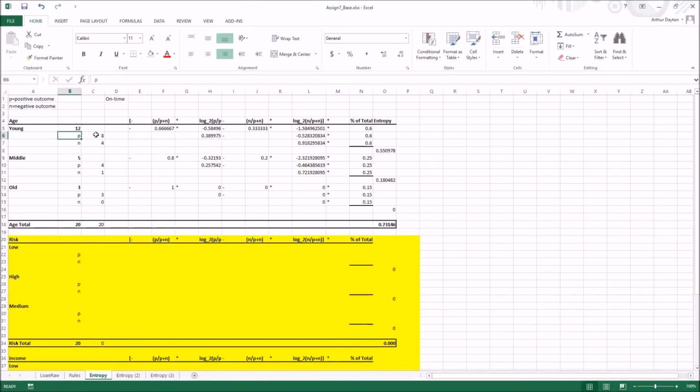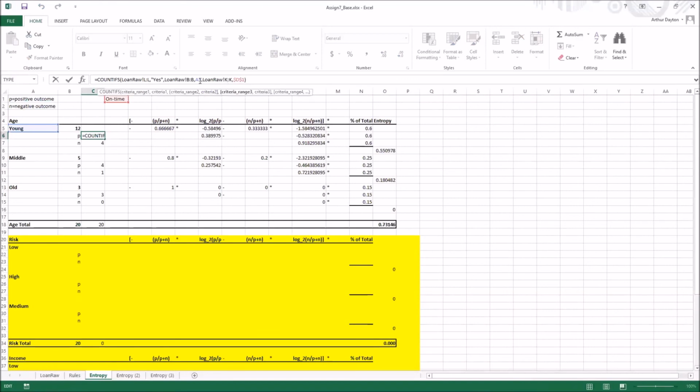Now we want to count the positive outcome and negative outcome values. In our case, a positive outcome is equal to an on-time payment. So we just need to change our formula by adding one more criterion to our COUNTIFS. We're going to count all instances of young where we had the positive outcome of on time.